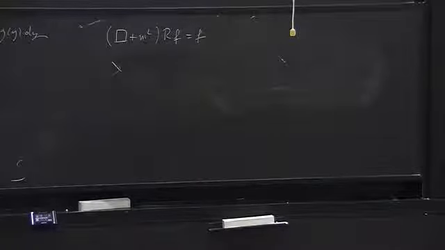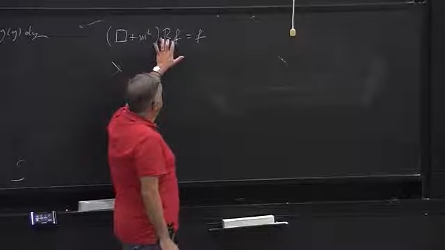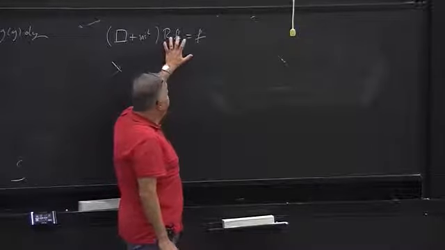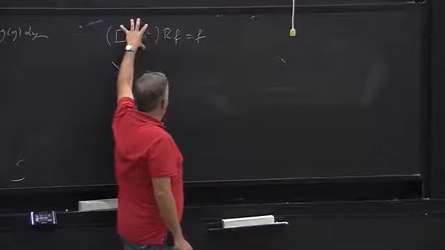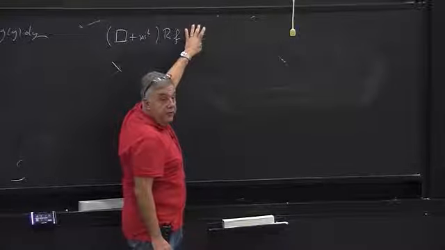Is it clear? Take the retarded convolution of F with the retarded propagator, apply the Klein-Gordon operator. This gives back F itself.